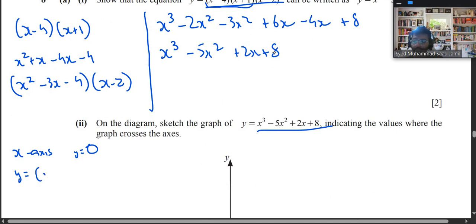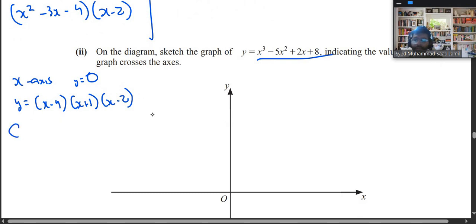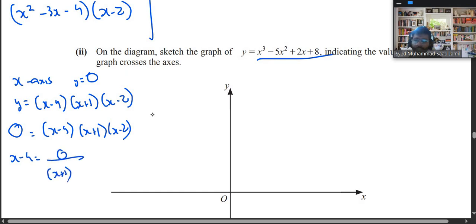x minus 4, x plus 1 and x minus 2. So since the value on x-axis y is 0, so I can say 0 is equals to x minus 4, x plus 1 and x minus 2. So first I will say x minus 4 is equals to 0 divided by x plus 1 and divided by x minus 2.